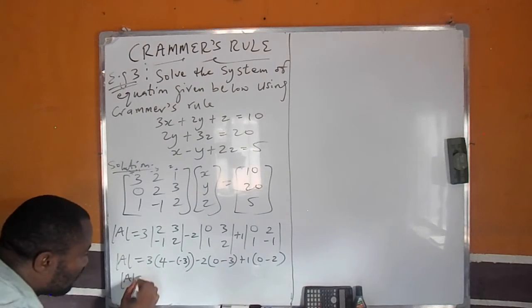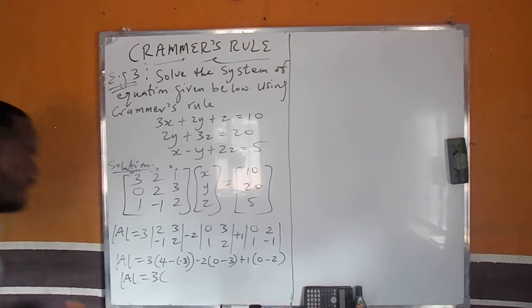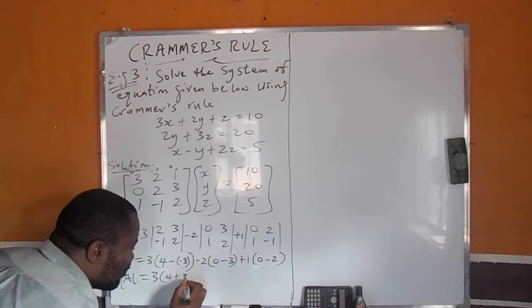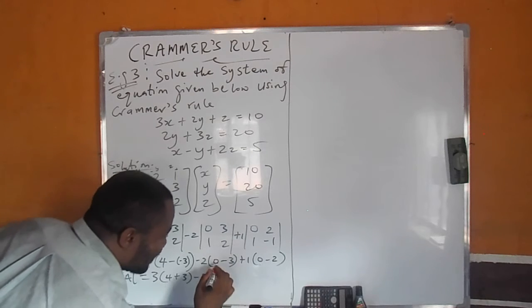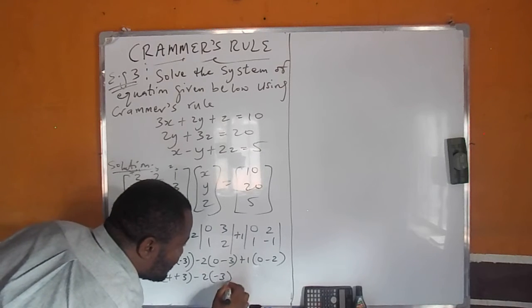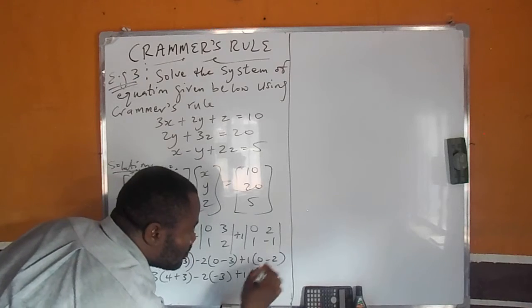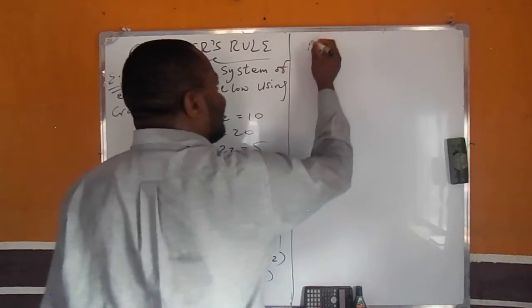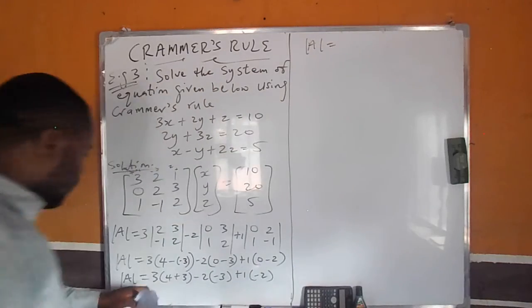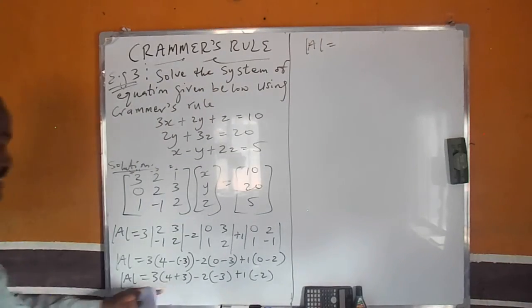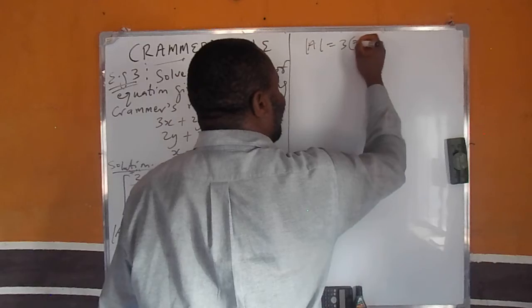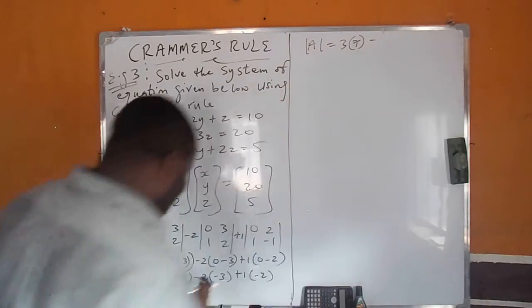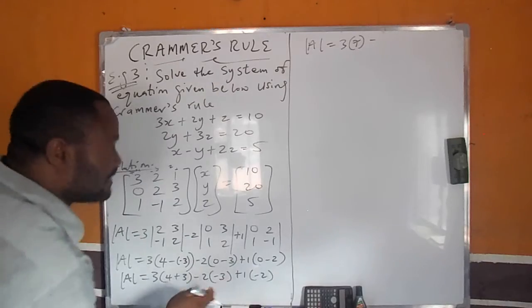Which determinant of A equals 3 in bracket 4, minus times minus, plus 3, -2, bracket. This one, -3 plus 1, bracket. 0 -2, -2. So our determinant of A equals 4 plus 3, 7. 3 in bracket 7, minus times minus plus 2 times 3, 6.